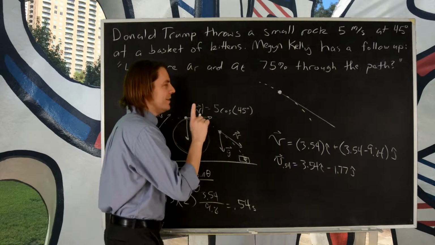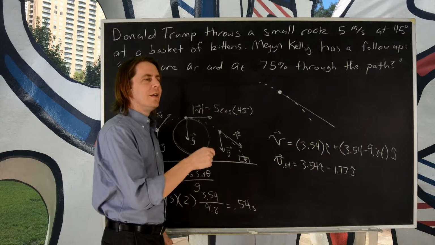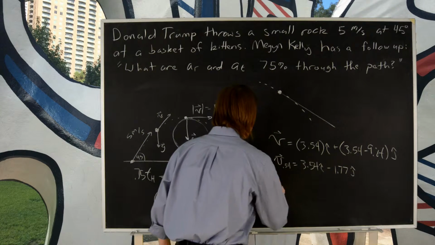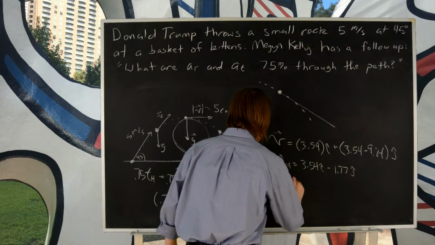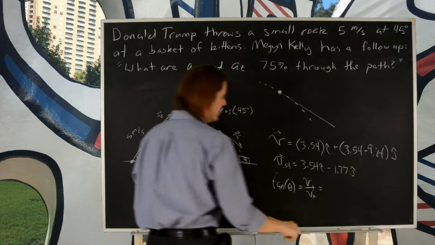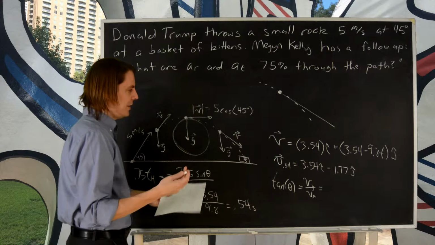So to get the angle, you may recall that tangent of theta is the y component over the x component. Tangent theta is vy over vx, which in this case, 1.77 over 3.54 turns out to be a half.